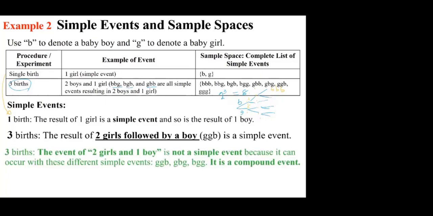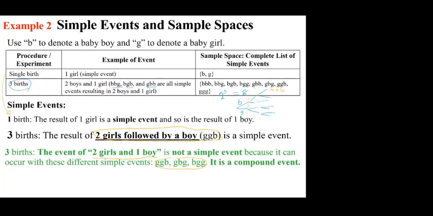However, the event of 2 girls and 1 boy, I want you to see the difference between these two. When you look at this one, it's very specific. GGB, 2 girls and 1 boy, in that order. But this event, 2 girls and a boy, in any format that works, has 3 outcomes.